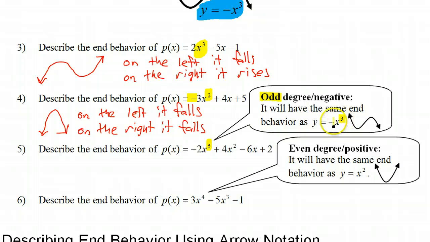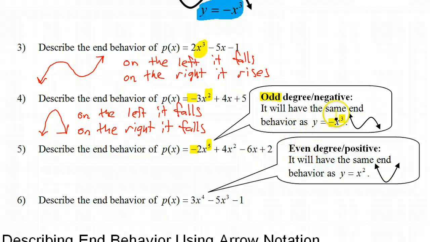Whether it's 3, 5, 7, 9, if it's odd degree, it's going to have end behavior like a cubic function. And being more specific, this is a negative leading coefficient. So it will have the same end behavior as a negative cubic. All odd degree functions with a negative leading coefficient are going to have the same behavior.